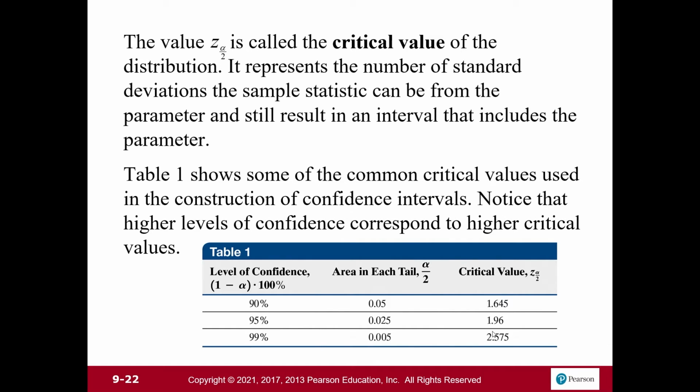A 95% confidence interval corresponds to 1.96, and a 99% confidence interval corresponds to a critical value of 2.575. Now, sometimes they may ask, hey, construct a 96% or 97% confidence interval. You then have to be able to find the critical value on your own, and we will probably do an example like that.